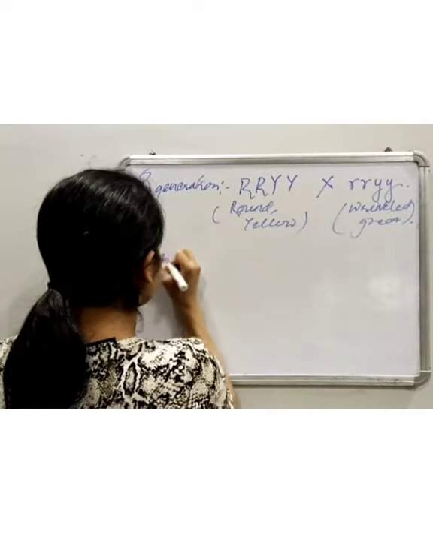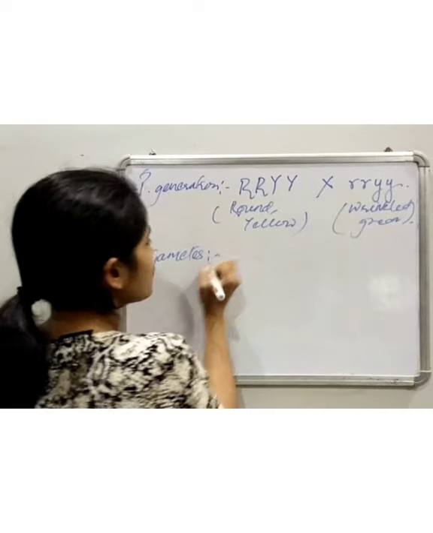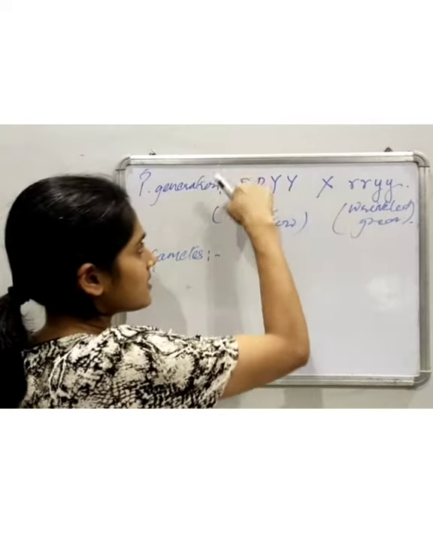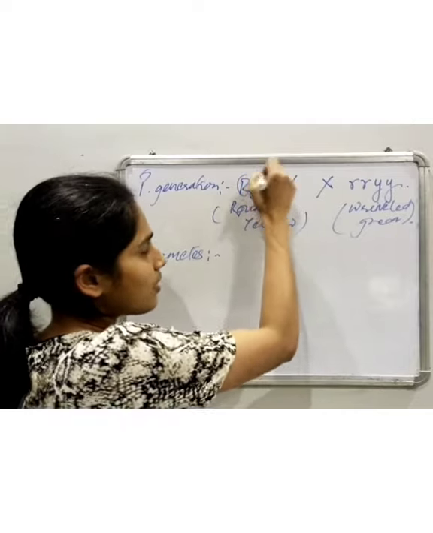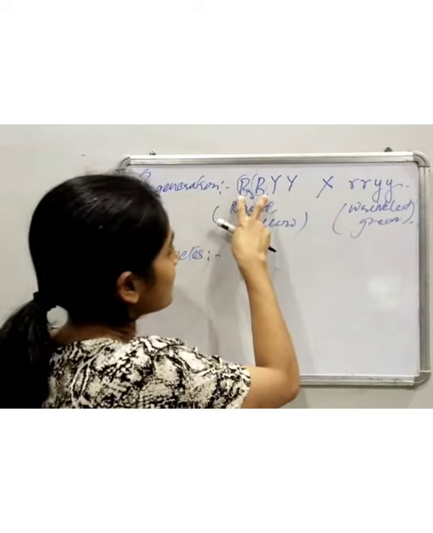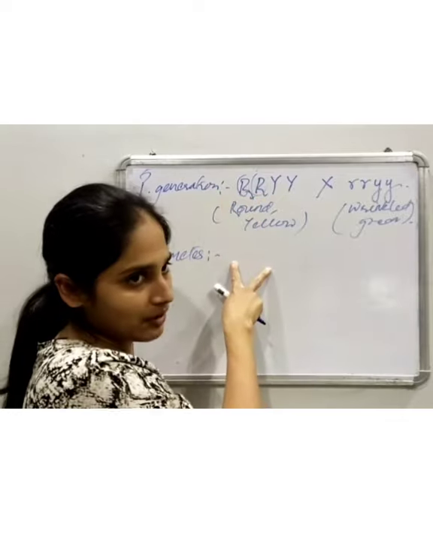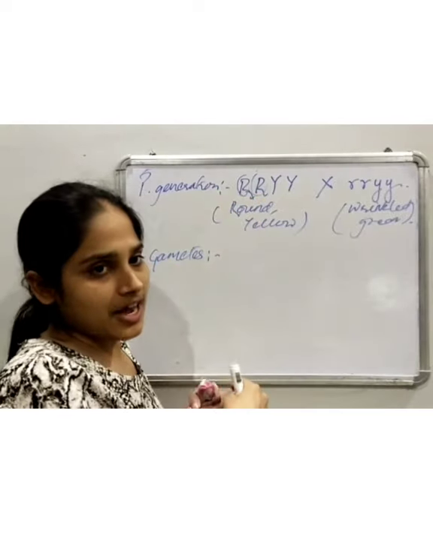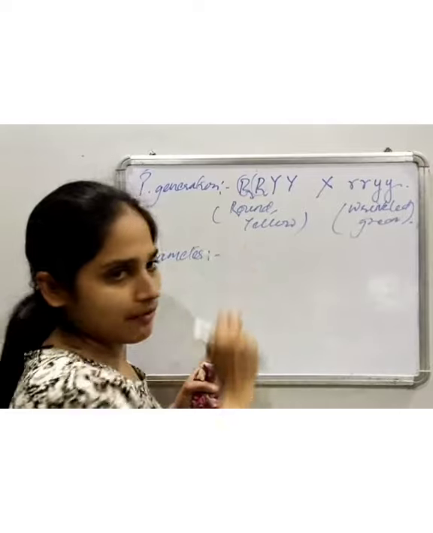So he made a cross. How will the gametes be formed? These factors always appear in pairs, and the pairs separate during gamete formation, and then during hybridization they restore the pair form.